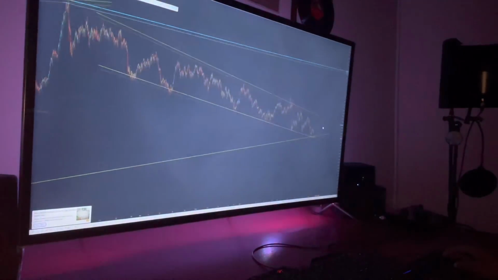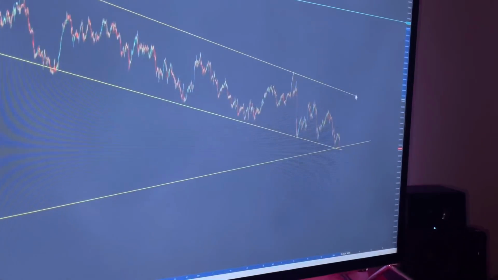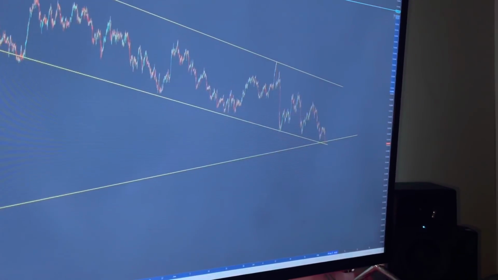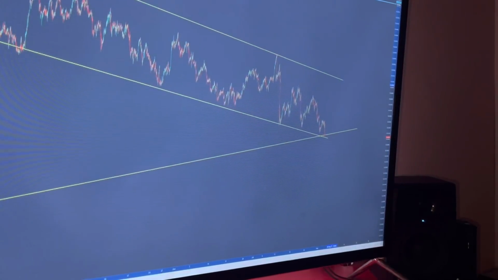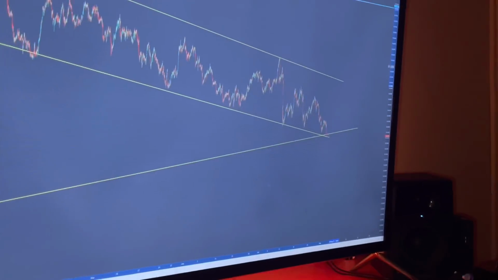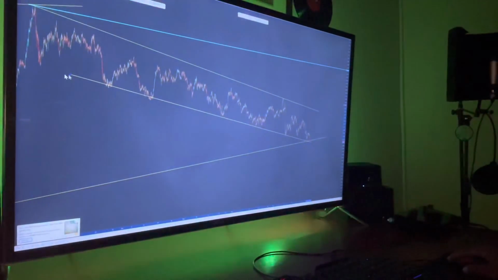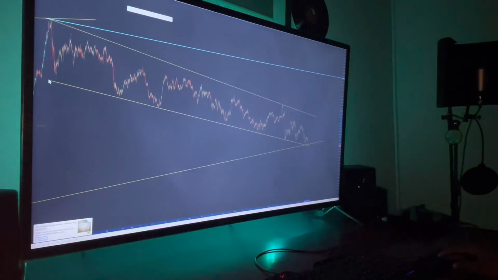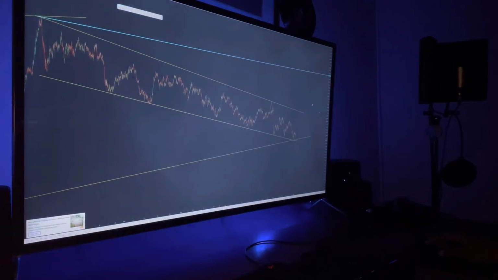Around that level guys, I'm anticipating a rejection. As time goes, you just have to adjust your trend lines, because if you draw your trend lines from the bigger scale, you can't get them all good on the lower scale. You see how I have it now guys.